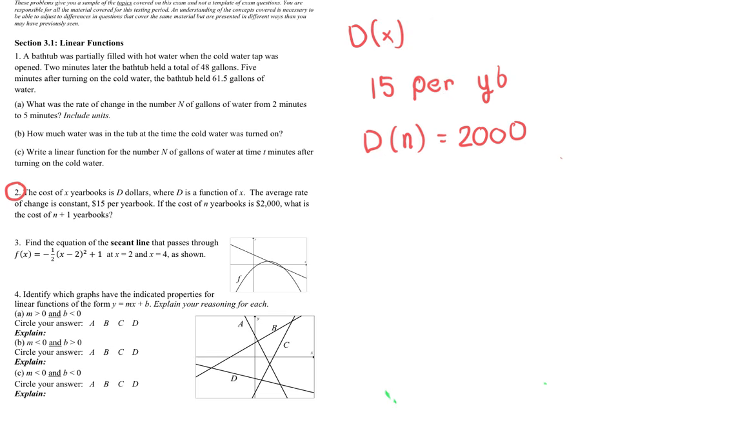So now, since the rate of change is $15 per yearbook, if we add one yearbook, D of N plus 1, we're going to get 2,000 plus our rate of change of one yearbook, which we know is $15 per yearbook. So our answer here is going to be $2,015.